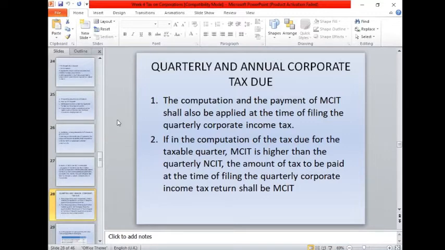So in the computation of the tax due for the taxable quarter, if the minimum corporate income tax is higher than the quarterly normal corporate income tax, the amount of tax to be paid at the time of filing of the quarterly corporate income tax shall be the minimum corporate income tax.